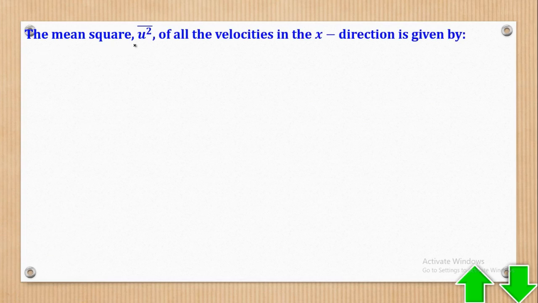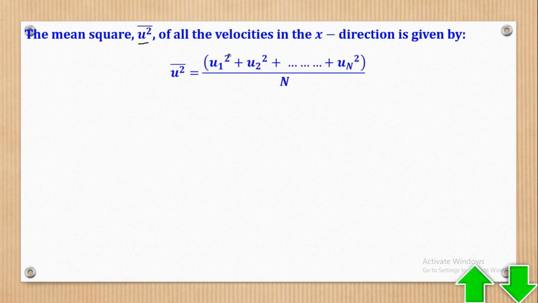So the mean square speed, u squared bar, of all the velocities in the x direction is given by that. All the squared velocities divided by the number of molecules, which is capital N. So when I cross multiply, I'll come up with N u squared bar equal to this.